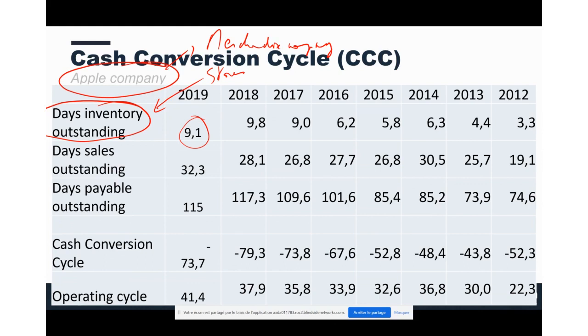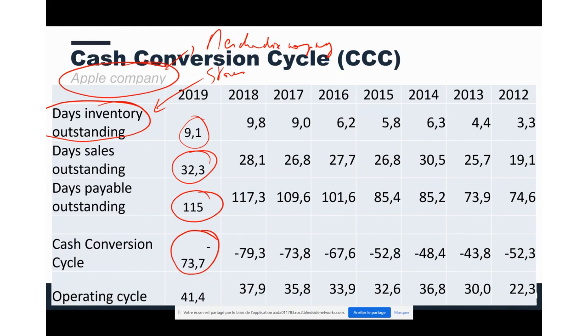In the days sales outstanding, they have to wait 32.3 days before being paid, and they pay the suppliers, Foxconn, after more than 3 months. Thanks to this, the cash conversion cycle is negative, so they don't have liquidity problems.